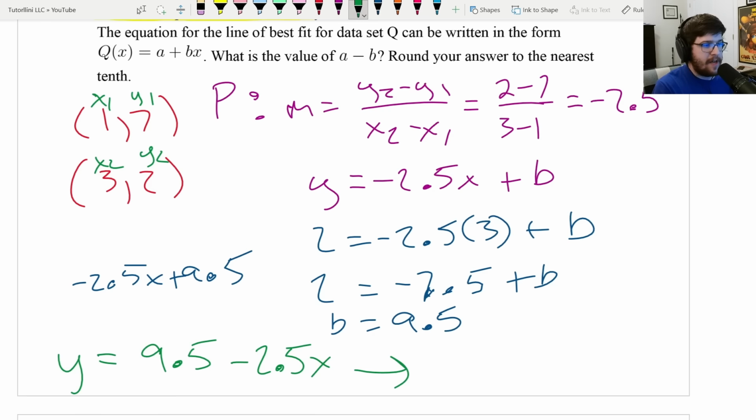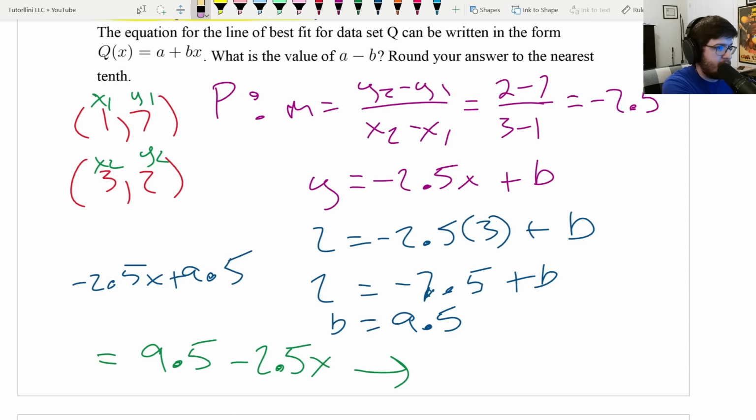Now, if the y values get multiplied by 4.3, that means the slope and the y-intercept get multiplied by 4.3 as well, because you have to multiply both sides by that number. So whatever number you multiply the y values by, the slope and the y-intercept also get multiplied by that number. So the equation for q of x, and I'll use function notation now.